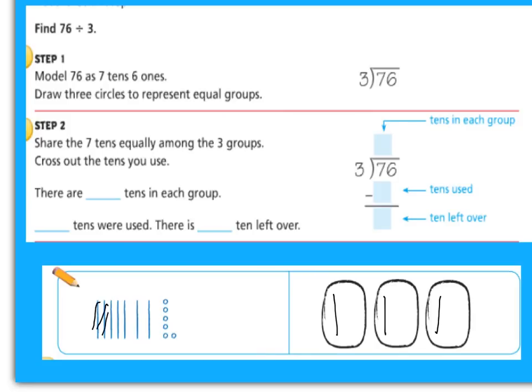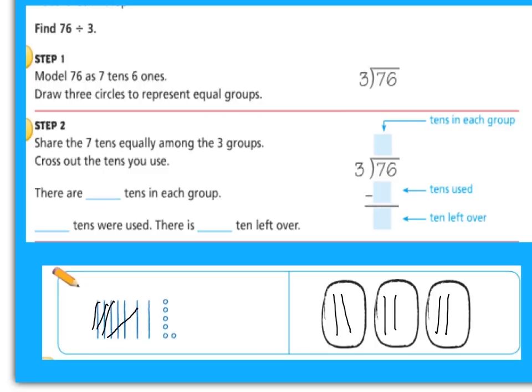And do I have enough? I have to ask myself, to give each group another 10. Well, I have 1, 2, 3, and 4 10s left, which is 40, and I have 3 groups. So I have enough to give each group another 10. So I'm going to go ahead and cross off those. So that leaves me with 1 10.